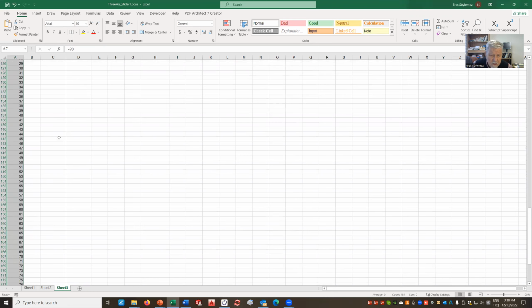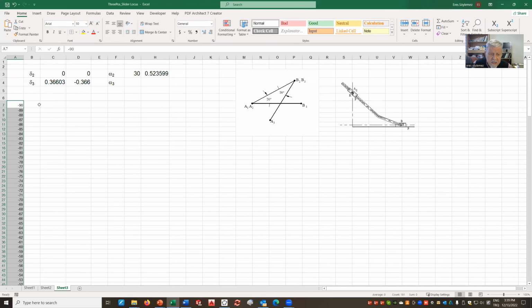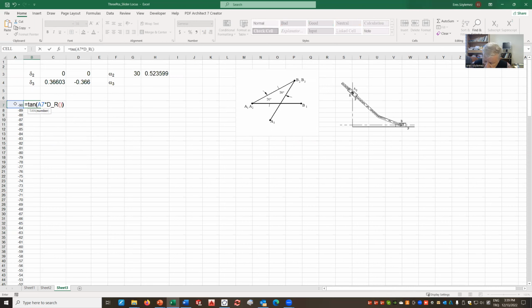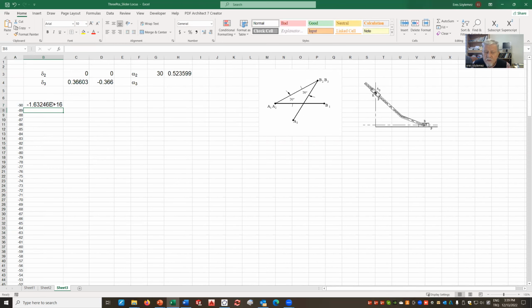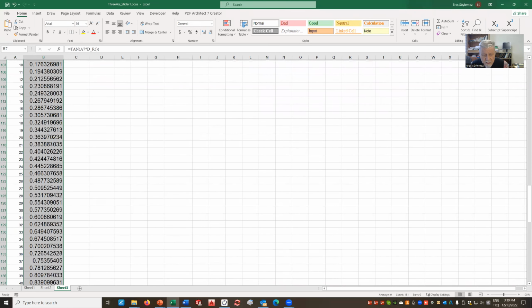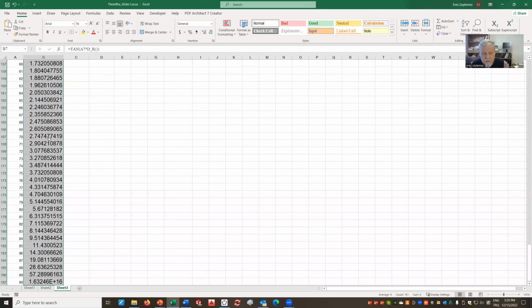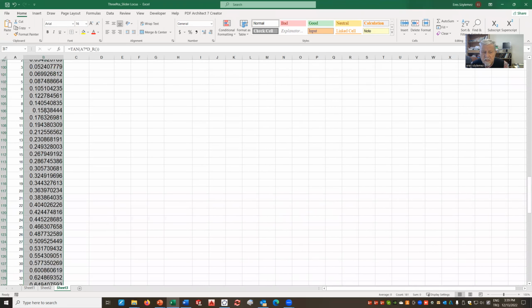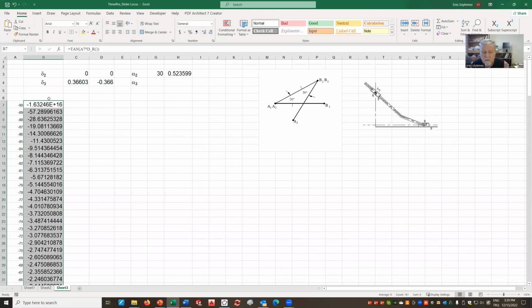If I take lambda as the tangent of this angle, I have to convert it to radians, like this. Notice this is 10 to the 16, infinity, minus infinity. Now, if I double click, you will see that I obtain data points from minus infinity to plus infinity with lambda. This is my lambda value.